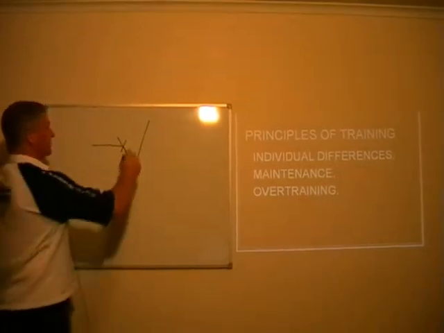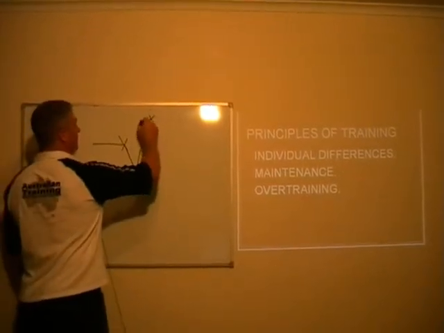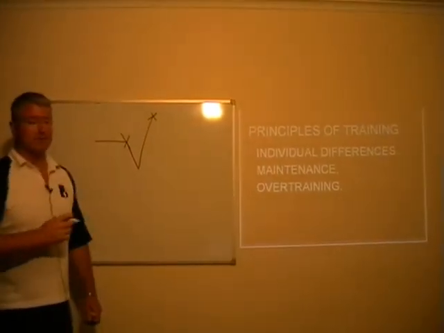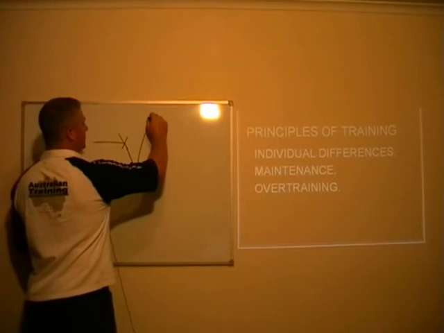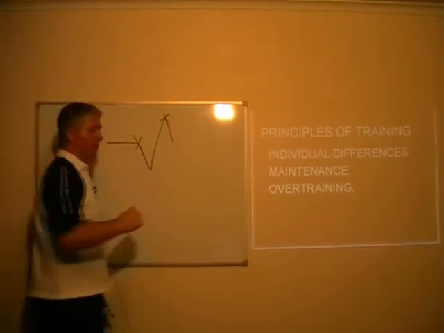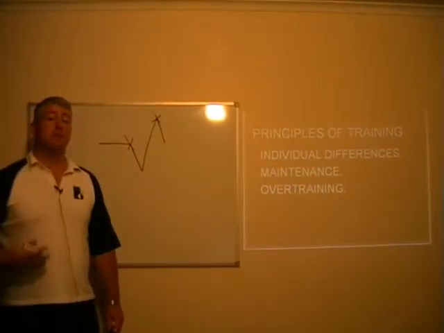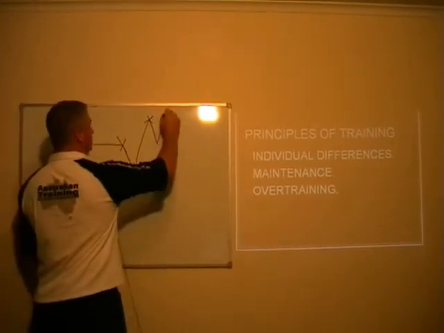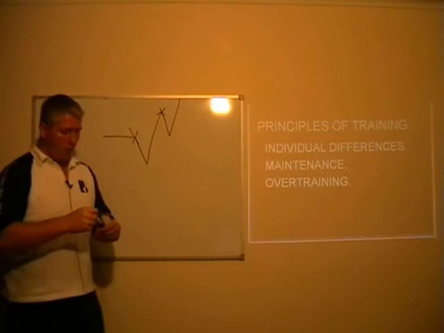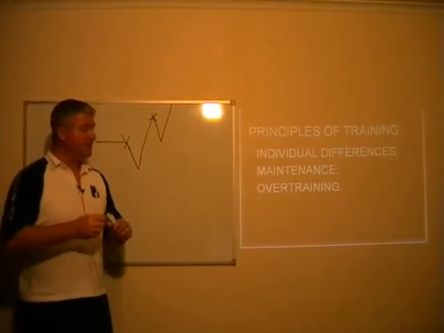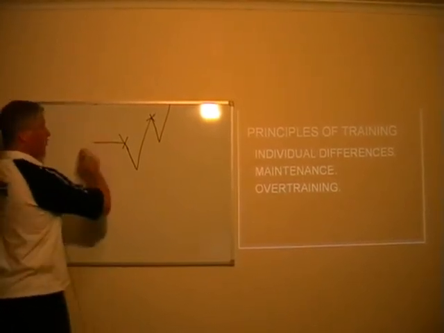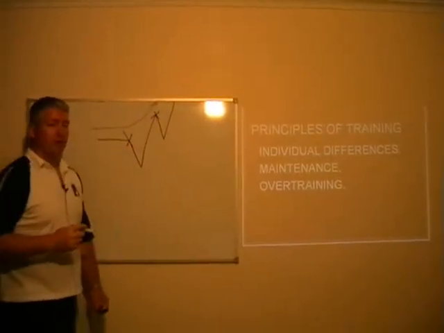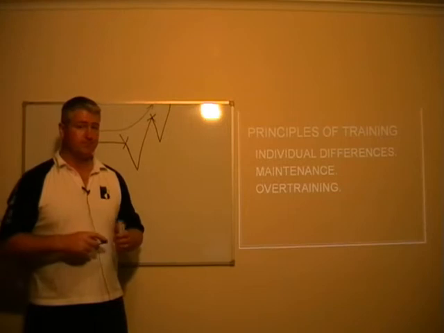At this point, it is ideal to apply the next progressive overload, the next training load I should say, and we get the same effect. Immediately after that, our health and well-being deteriorates as our body is in a stress state, but it will supercompensate and adapt and go above and beyond that previous level. And what we find is that through this, our goal, whatever it may be, actually improves and we make progress towards the achievement of that goal.